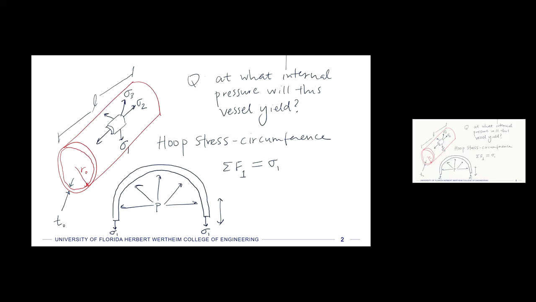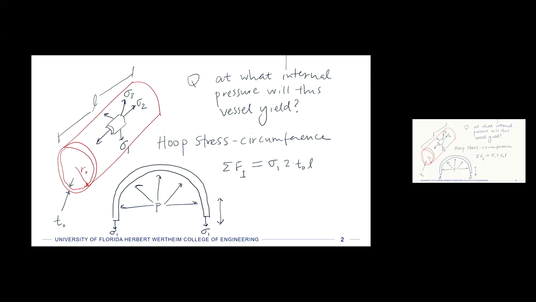And the area over which sigma 1 acts is 2 times the nominal thickness, T naught, times L. Okay? So let's imagine now that we've cut it in half and it's a cross section, but it extends all the way along L, right? So it's kind of like you're walking on a covered awning and the awning is a semicircle above you.